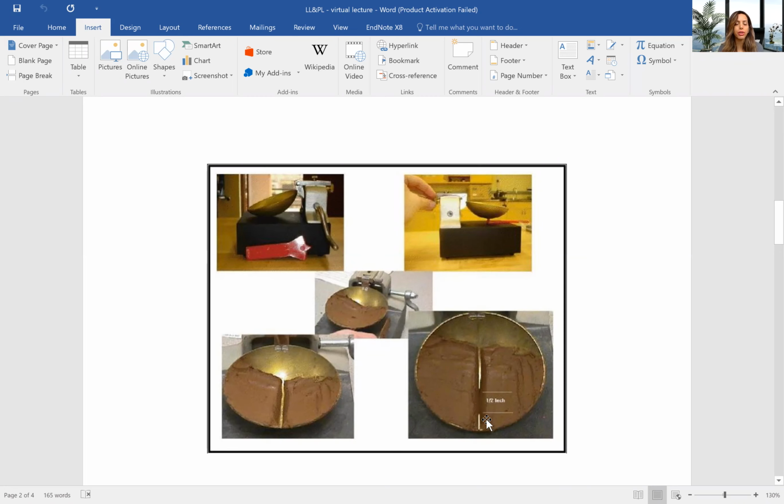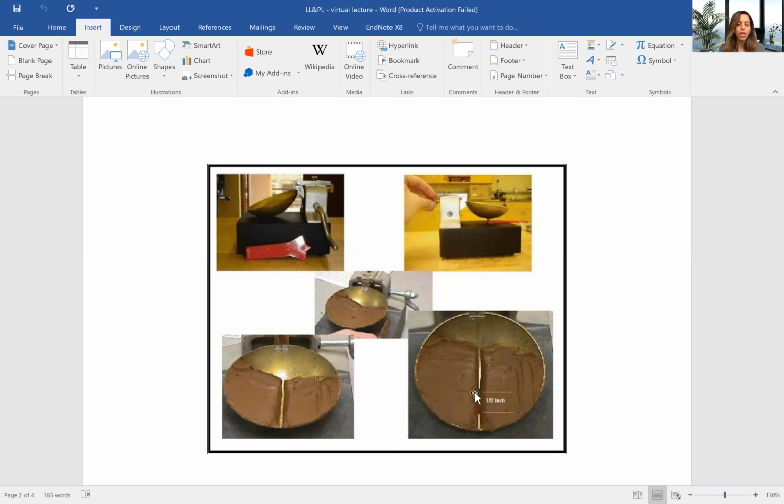And we count the blow counts, how many times you have to turn the crank for the soil to reach half an inch. And then you get a sample from this area, you put it in the can that you already weighed, and you know how much it weighs. And then you weigh the can and soil, and you put it aside.